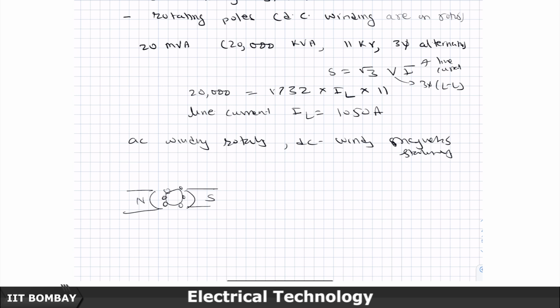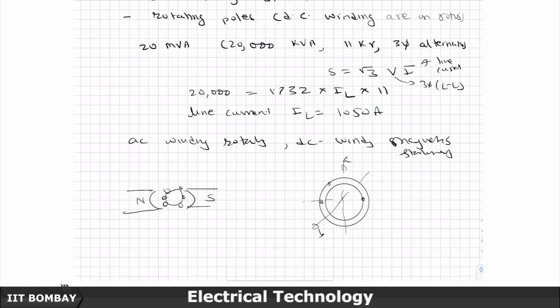It could be a construction like this, or like I mentioned earlier, you can have one AC winding here, then this is the A phase, then this will be the B phase.